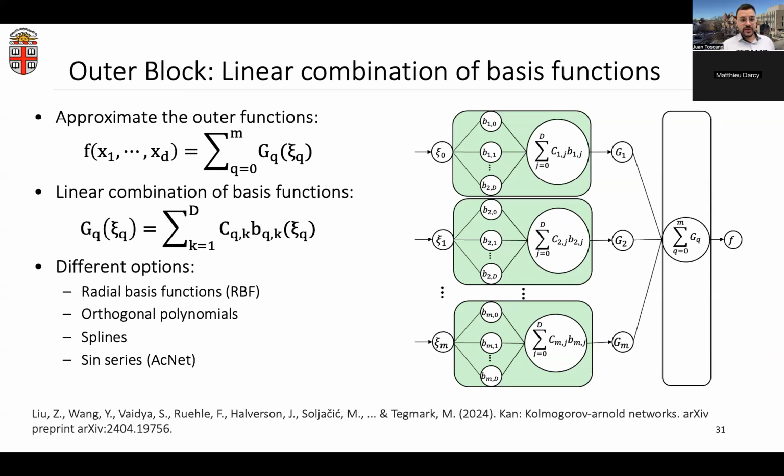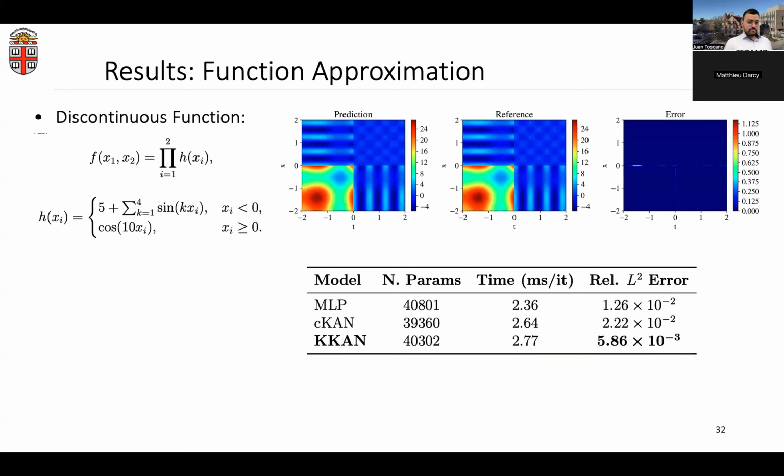And well, these will be the results that we have. First, we're going to try some function approximation, a highly discontinuous function. We can see here that we have two big discontinuities along t equals 0 and x equals 0. You also have some kind of high frequencies, because you go up to 4, so maybe not that high, but it can go to high frequencies.